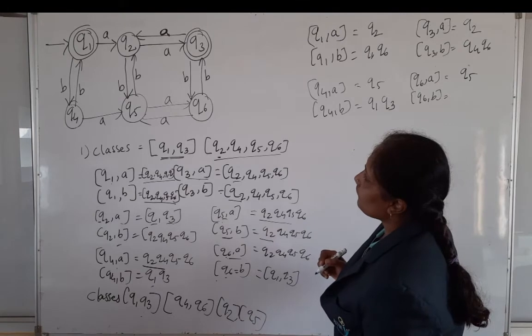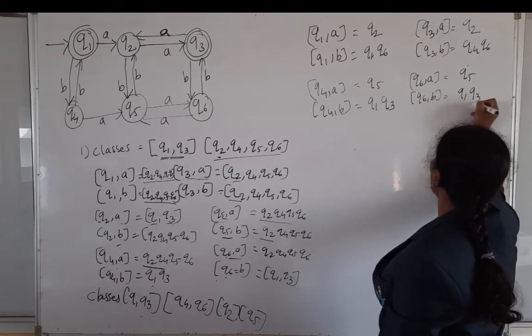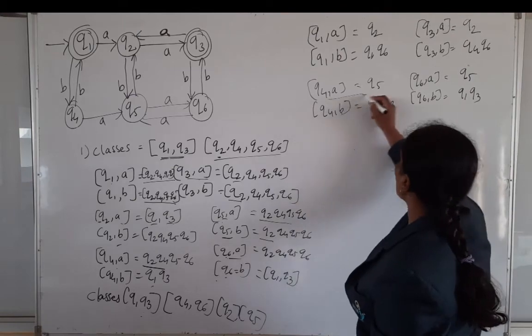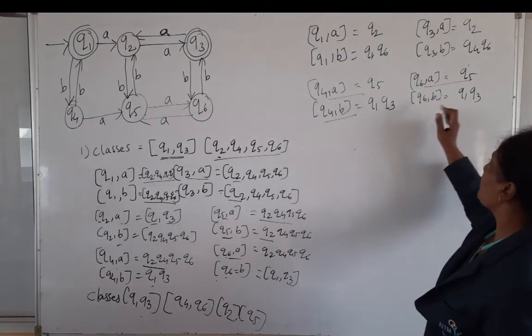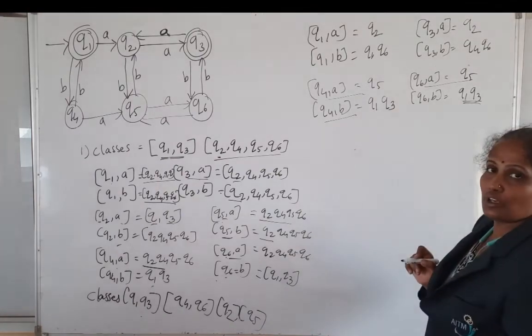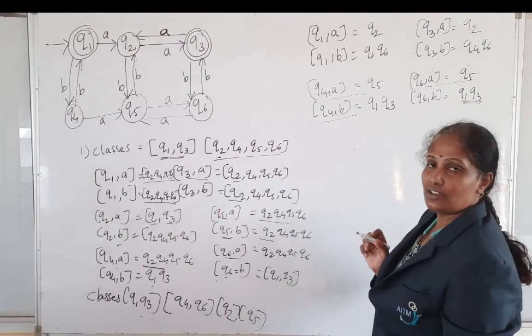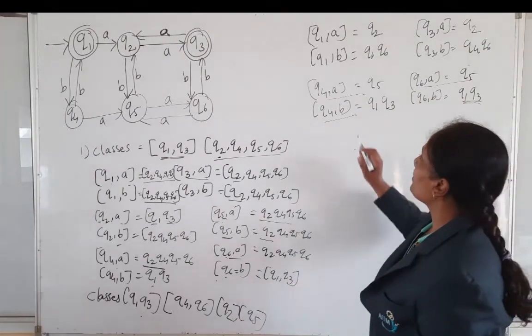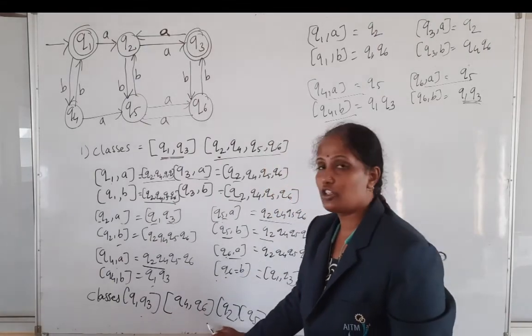Q6 of B, where I reach a Q3. So I reach what? Q1, Q3. So check out, after accepting A, I am reaching to a Q5 state only. After accepting B from Q4 and Q6, I am going to reach to a Q1, Q3. So these two are the indistinguishable states here. So I can't further divide these classes Q1, Q3 and Q4, Q6.